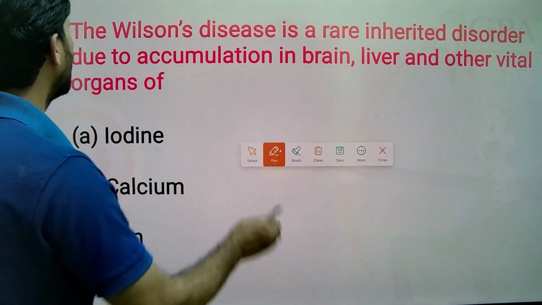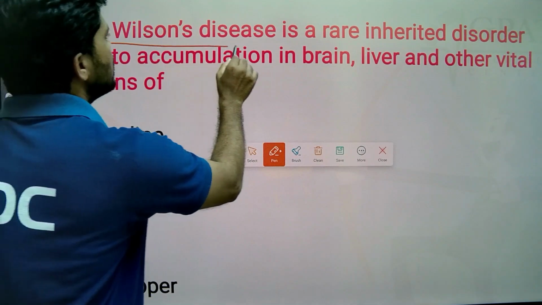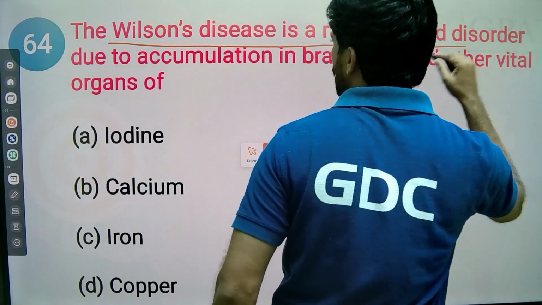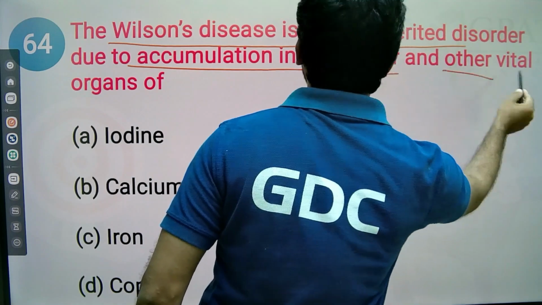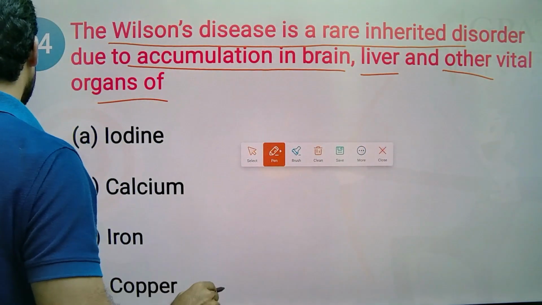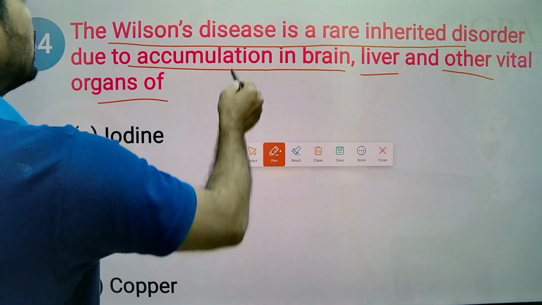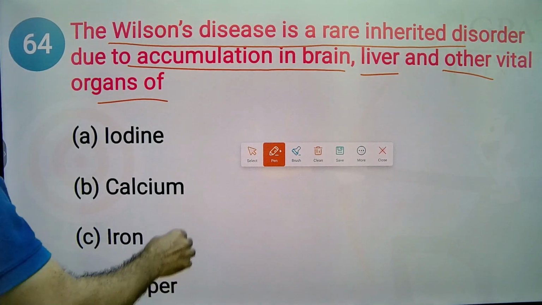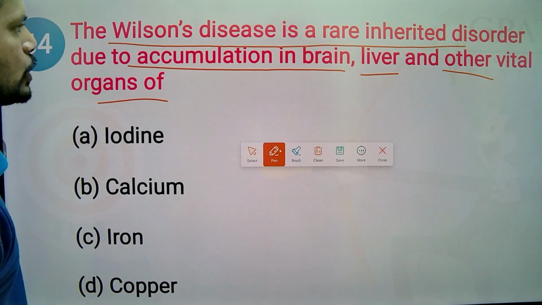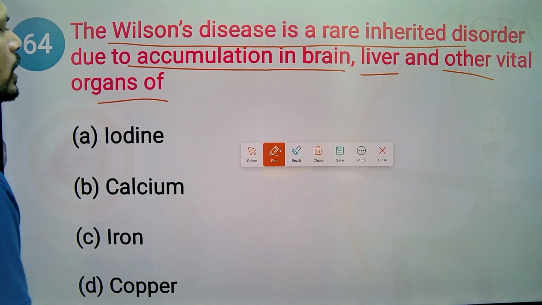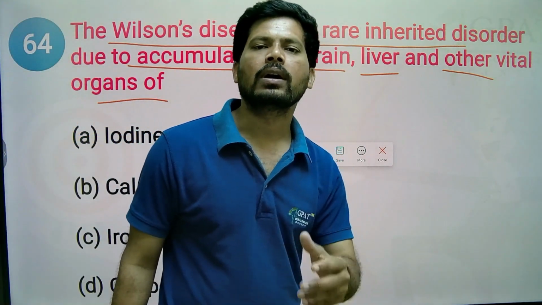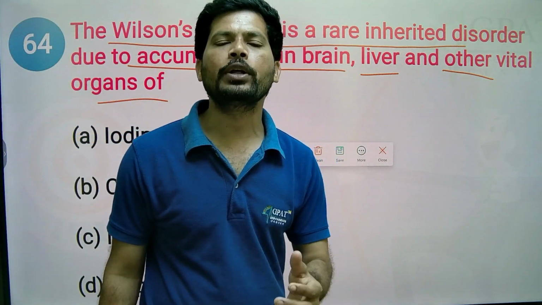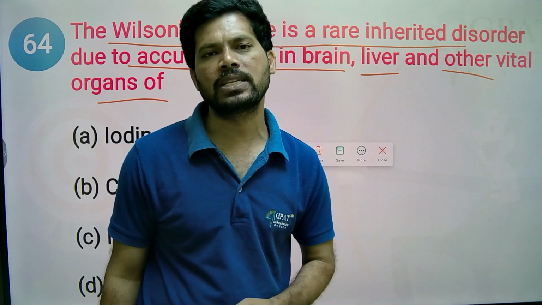The question is: Wilson's disease is a rare inherited disorder due to accumulation of what in the brain, liver as well as other vital organs? Generally, Wilson's disease is a copper-related chelated disorder, an inherited disorder in which there is excess accumulation of copper in body parts like the brain, eyes as well as liver.